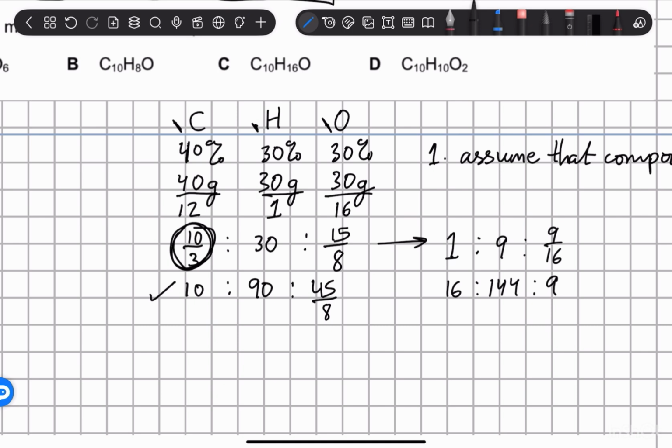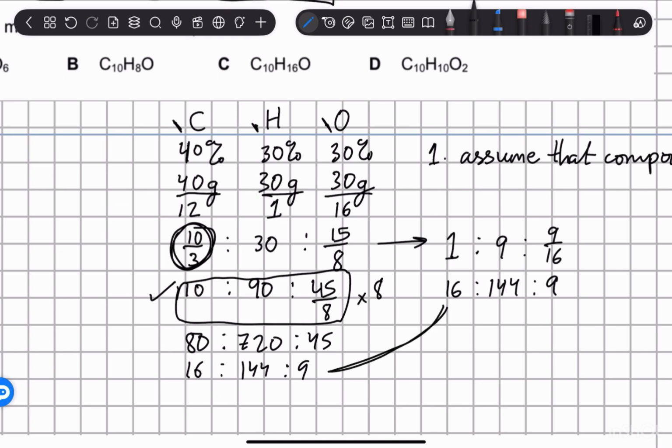If you simplify this ratio by multiplying by 8, because we have 8 here, you would get 80 is to 720 is to 45, and then simplifying this by dividing it by 5, my bad, you would get 16 is to 144 is to 9, which is the same thing.